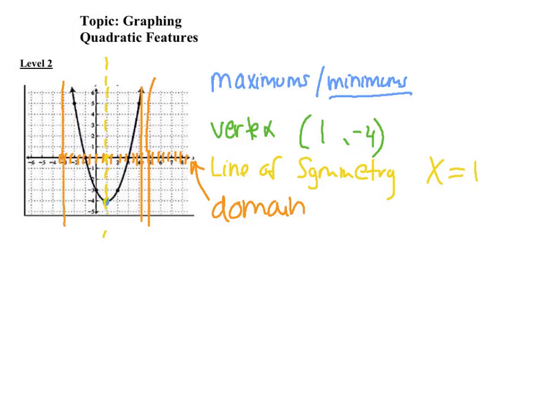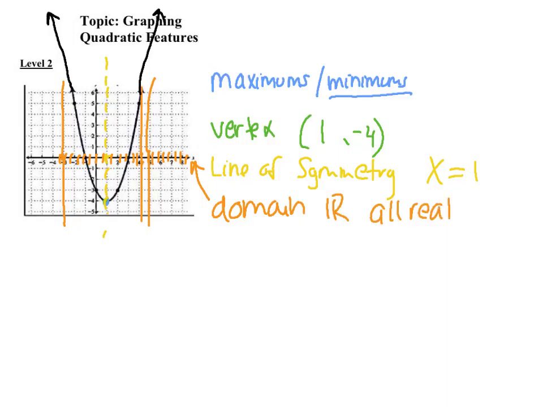So look at my graph here, it's that black line. Pretend that the graph keeps going up. Notice how it goes up at an angle. Eventually, these orange lines are going to hit the graph. Now, that happens every time, so my domain is going to be all real numbers.